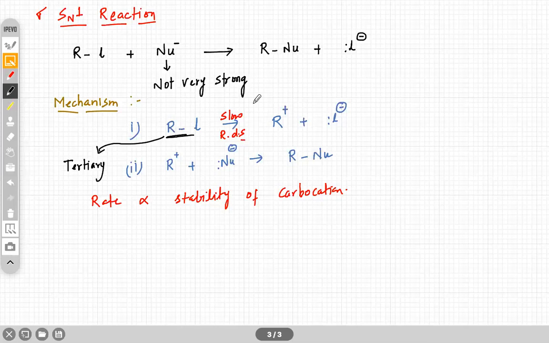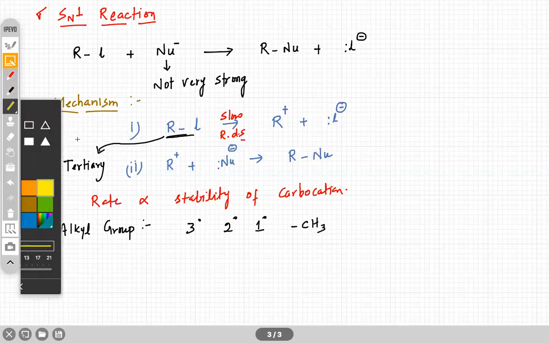Primary is preferred for SN2 type reactions. So if you have an alkyl group attached to the leaving group, it may be 3 degree, 2 degree, 1 degree, or we can have methyl attached to the leaving group.